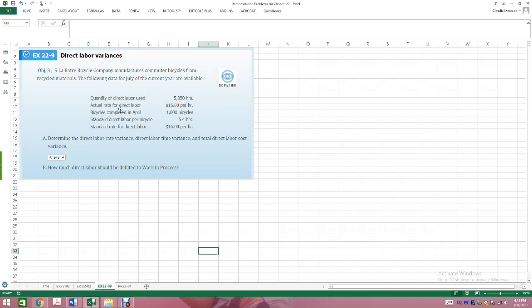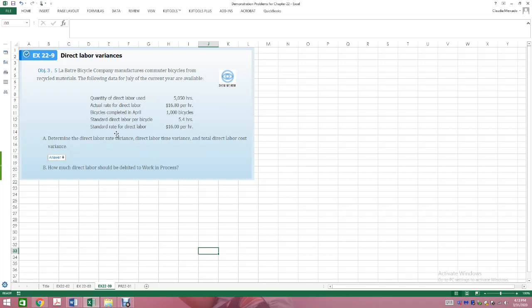The actual rate for direct labor, $16.80 per hour. The bicycles completed in April, 1,000 bicycles. The standard direct labor per bicycle, 5.4 hours. And the standard rate for direct labor, $16 per hour. A. Determine the direct labor rate variance, the direct labor time variance, and the total direct labor cost variance.